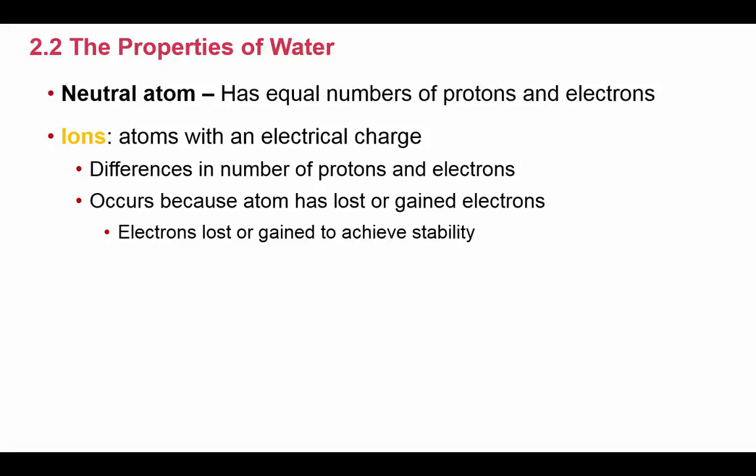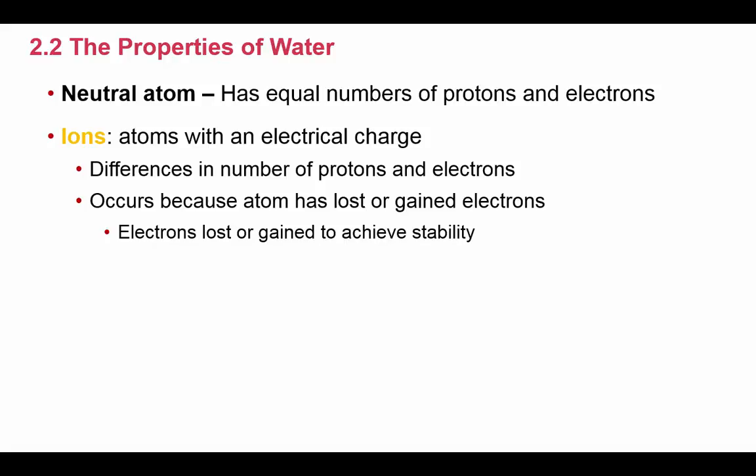So an ion is an atom that has gained an electrical charge. The way that it has gained an electrical charge is it either lost or gained an electron. So for example, I'll just put some numbers to it. Let's say that a certain atom had 6 protons and 6 electrons. Because it has the same number of protons and electrons, we would consider it to be neutral. But let's say that atom all of a sudden loses an electron.